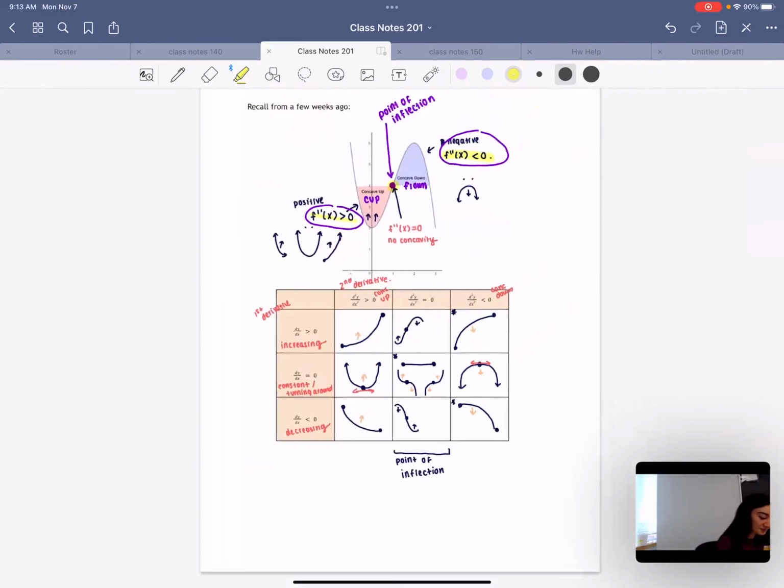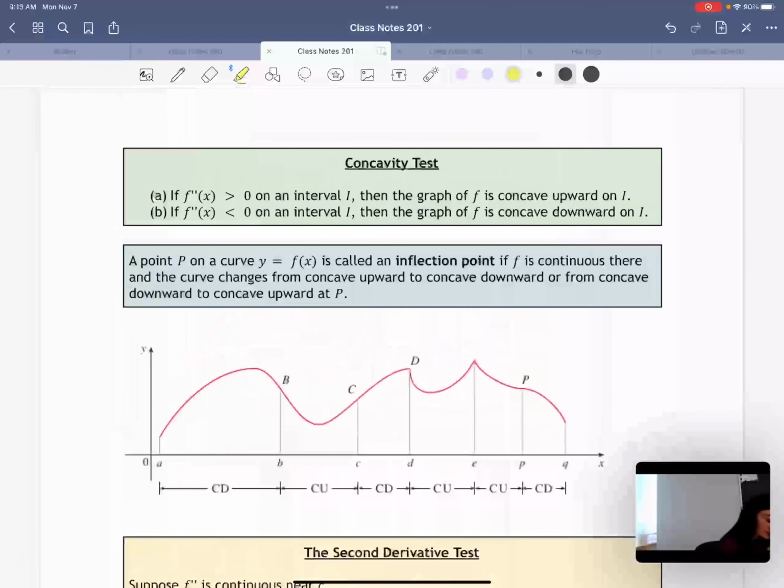All right, let's go into a few tests that we'll learn how to do here. The first one is called the concavity test, but it's really just the definition of concavity. It's telling us that if the second derivative is positive, then it's concave up. If the second derivative is negative, then it's concave down, which we already talked about.